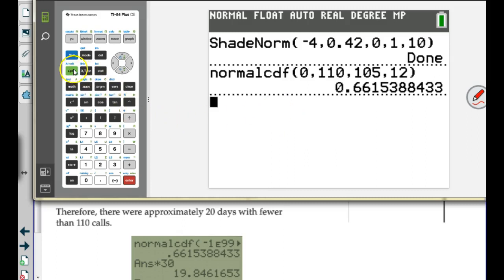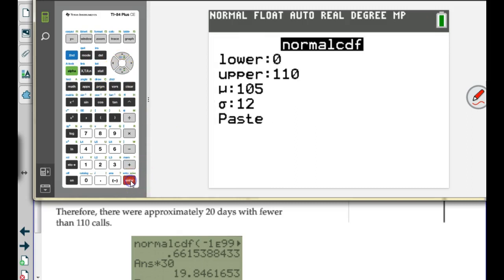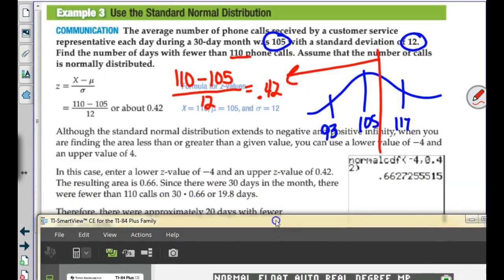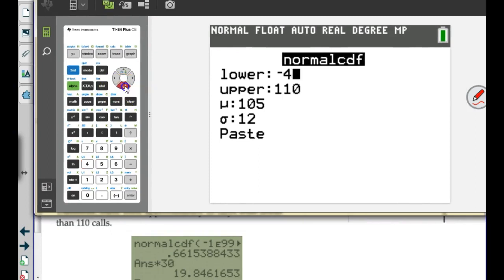Now, I'm going to do this one more way, and you don't need to do this if you don't want to, but we could have gone in here and left it whatever this was. I'm going to actually use -4 because that's 4 standard deviations below. Now, what was the Z-score here? 0.42. So we could have put our upper Z-score as 0.42.